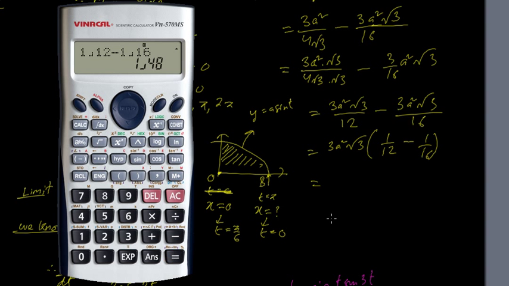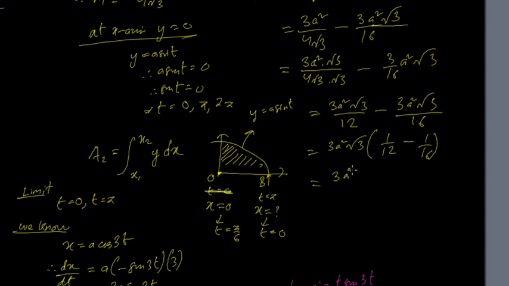That would be 1 by 48. So this would be 3a square root 3 by 48. If I cancel this, 3 1s are 3, 3 16s are 48. This would be a square root 3 by 16. Okay, so this is the area of the shaded region.